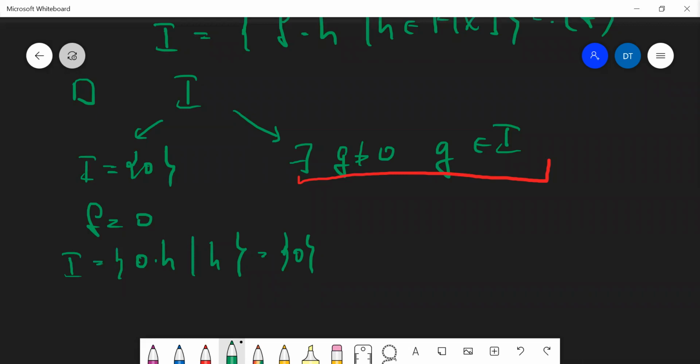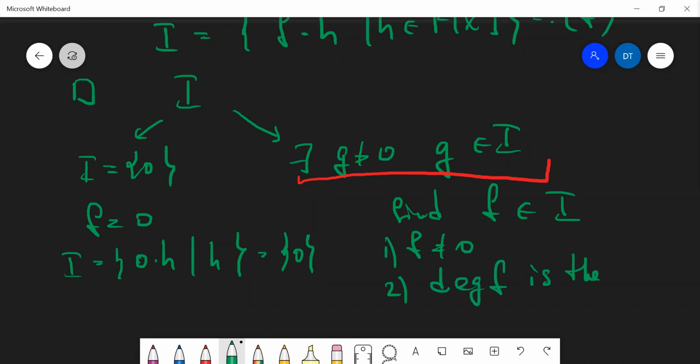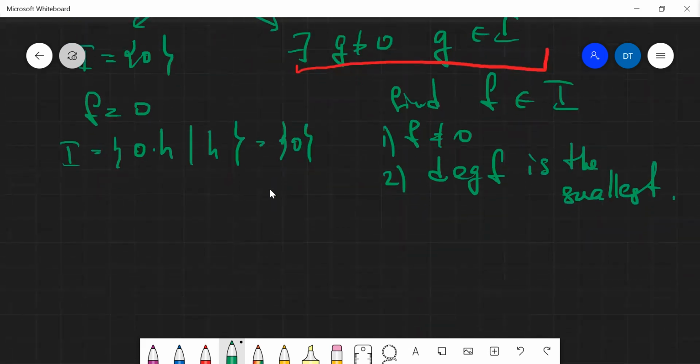Since we have at least one non-zero polynomial, we can find F in I such that F is not 0, and second, the degree of F is the smallest possible. And now let's prove that every polynomial in I is divisible by F.